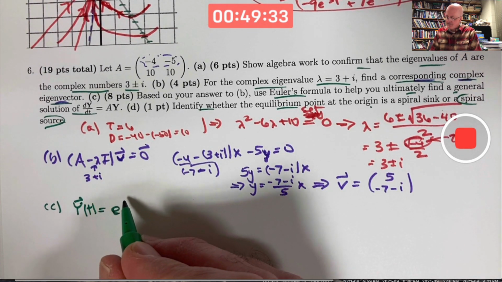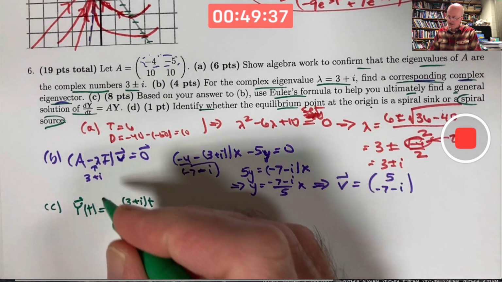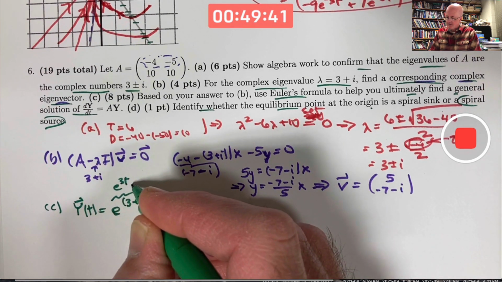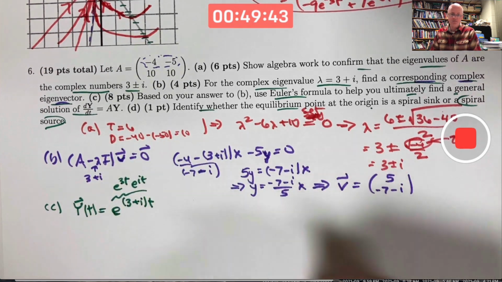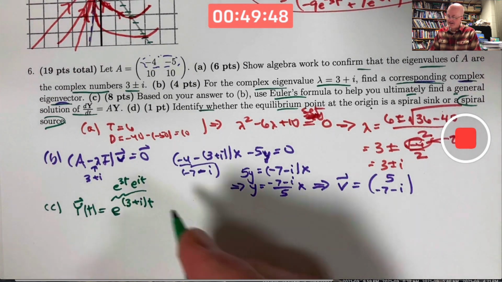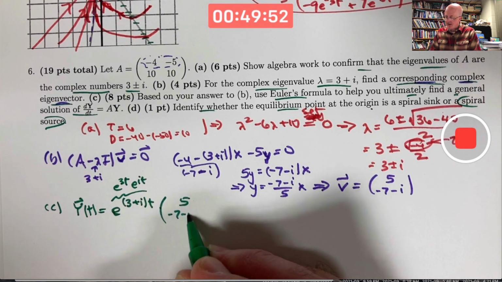So again, the complex eigenvalue is 3 plus i, so I have 3 plus i times t. And by the way, this does in fact equal e to the 3t times e to the it. And that's where Euler's identity comes into play, with e to the it times the complex eigenvector 5, negative 7 minus i.